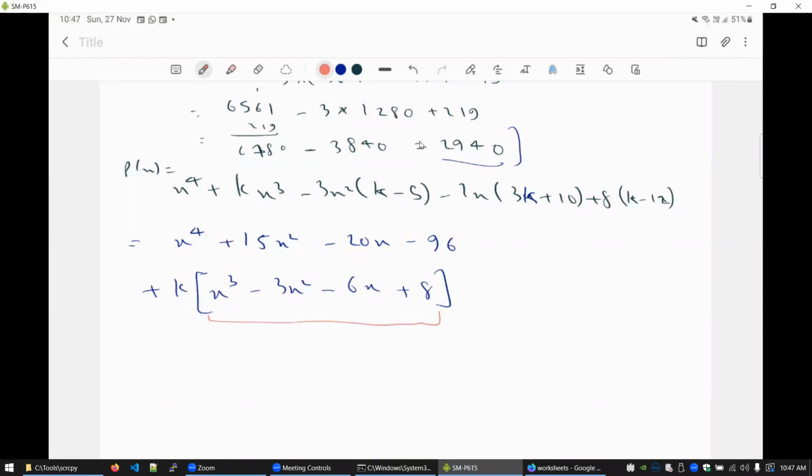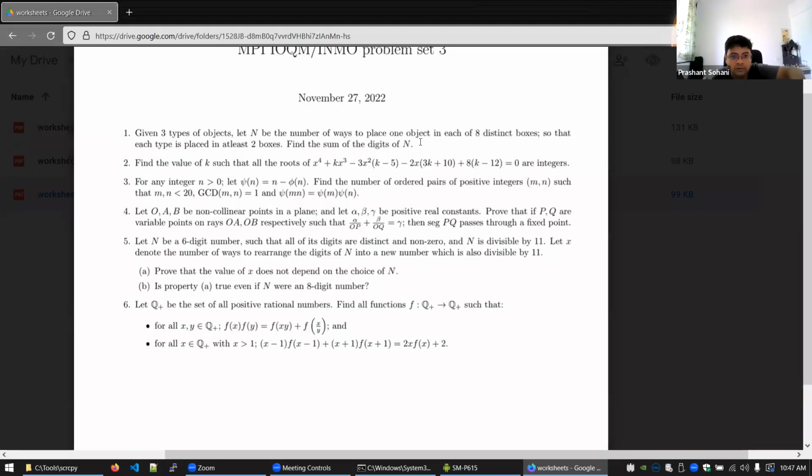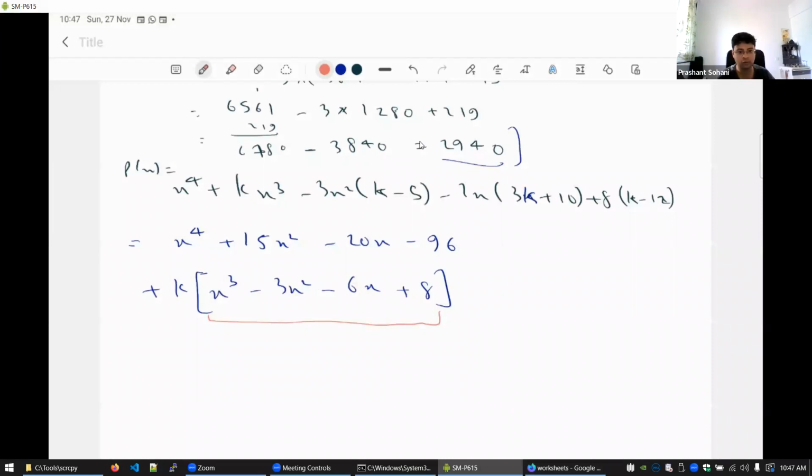One thing is, I think that will be k times minus x cube. No, I think it's minus k times the thing you've written. No, we're not taking it to the other side. I'm keeping everything on one side, just rewriting the polynomial in this way. So what can you say about the part inside the bracket?